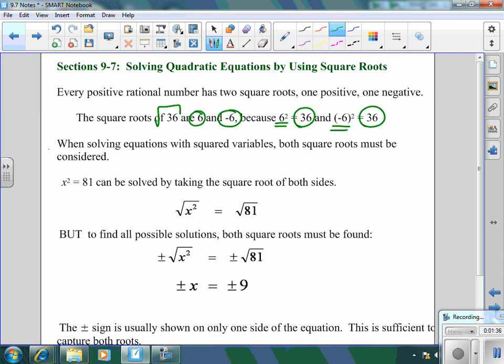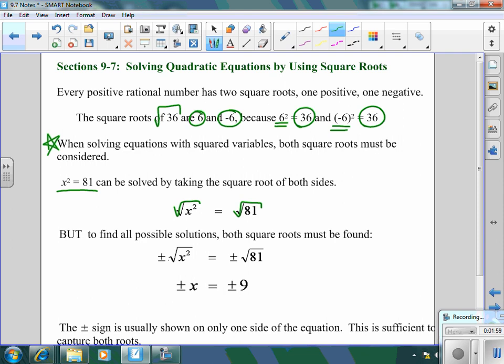So when solving equations with squared variables, we need to remember both square roots. If we have something like x squared equals 81, we need to take the square root of both sides to undo that square. But to find all possible solutions, we need to find both square roots.